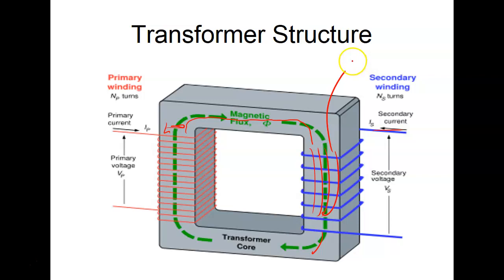What determines the amount? The strength of the magnetic field. The number of conductor loops. And then the last one would be the speed of the motion.